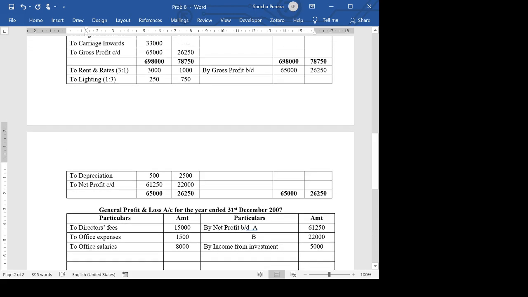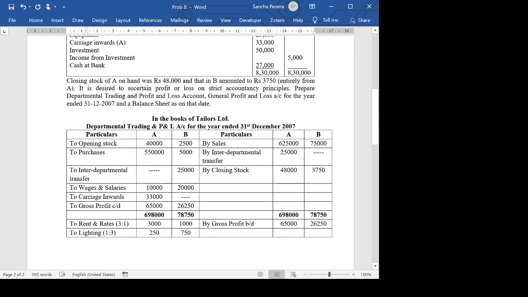Okay, that means if you are talking about A, A sales here shown as 6,25,000, but 25,000 has also been transferred to B. So when we are talking about sales, we just don't take 6,25,000, we take 6,25,000 plus 25,000. And what is the gross profit of A? Gross profit of A is 65,000.